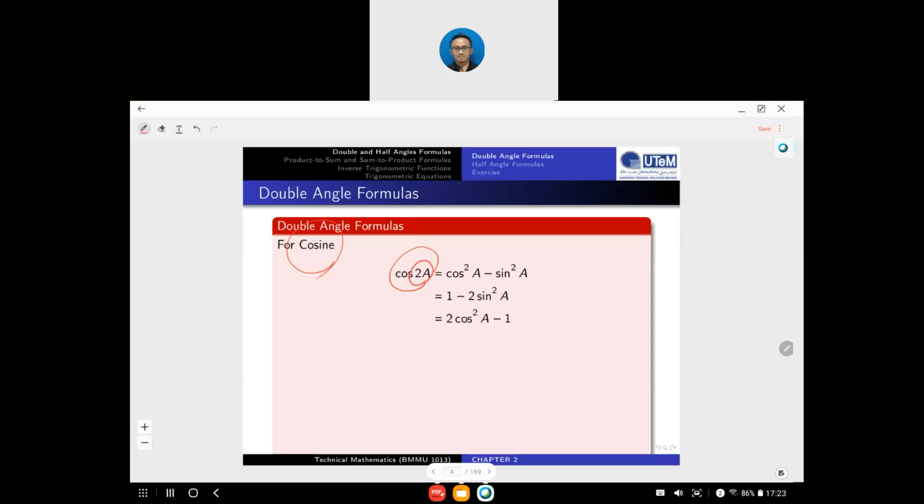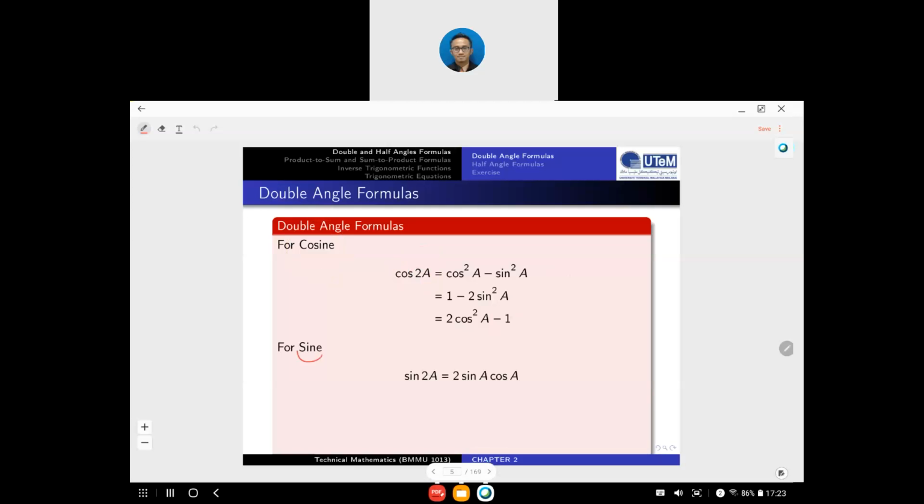So it becomes either cos square A minus sin square A, or 1 minus 2 sin square A, or 2 times cos square A minus 1. Either one lah, you can choose. It depends on the situation of your question.